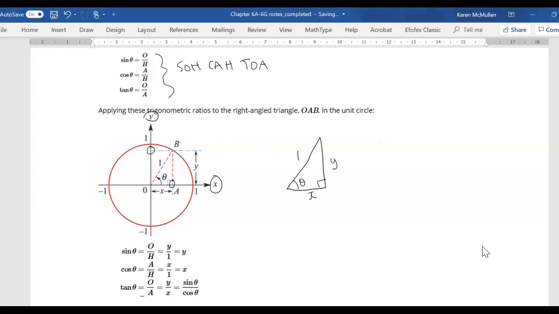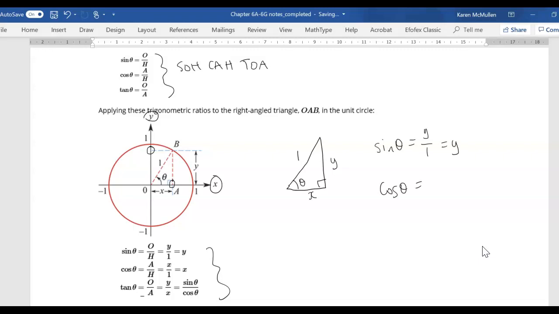So if we're looking at sine theta, that is given to you by your trig ratios, opposite over hypotenuse. So we want the opposite side over the hypotenuse. So y over 1, your opposite side is the side opposite your angle, so that's y over 1, and that's y, and it's already written down here, but I'm just rewriting it so you know what I'm talking about.